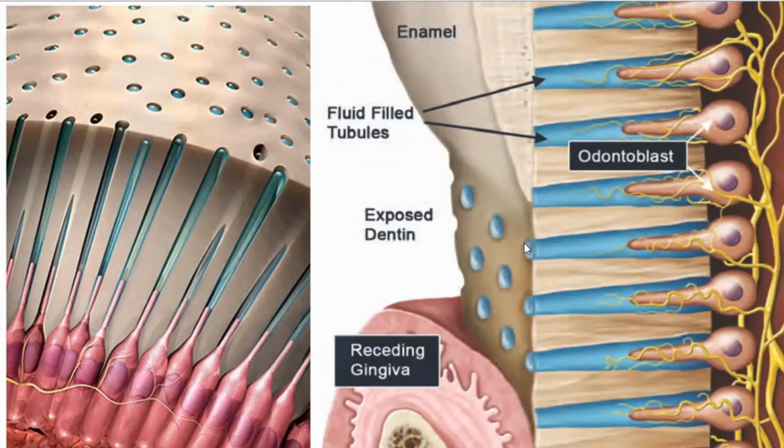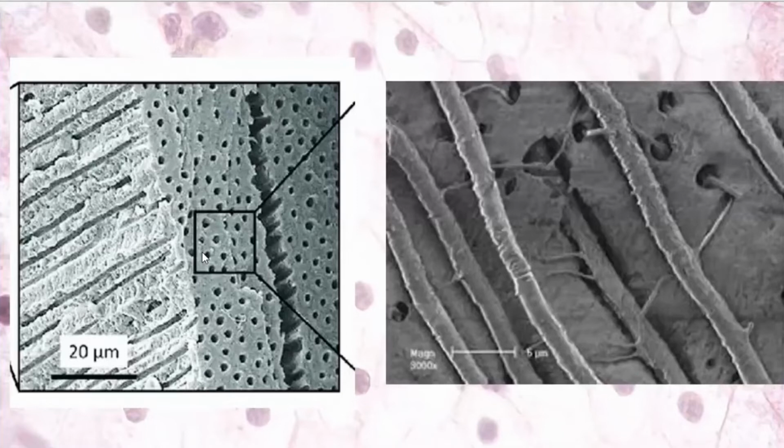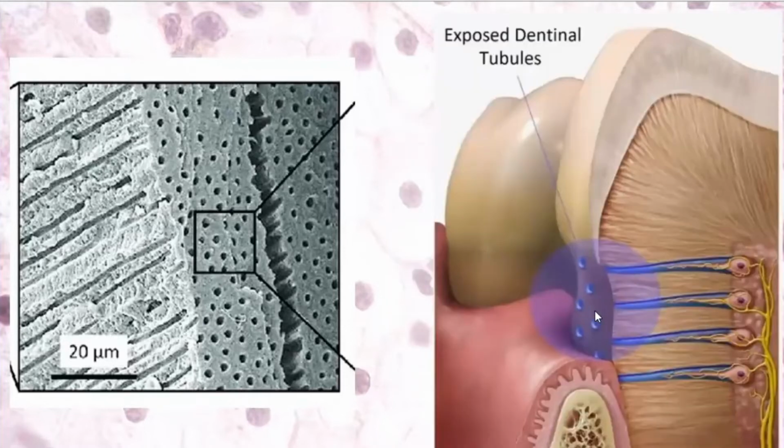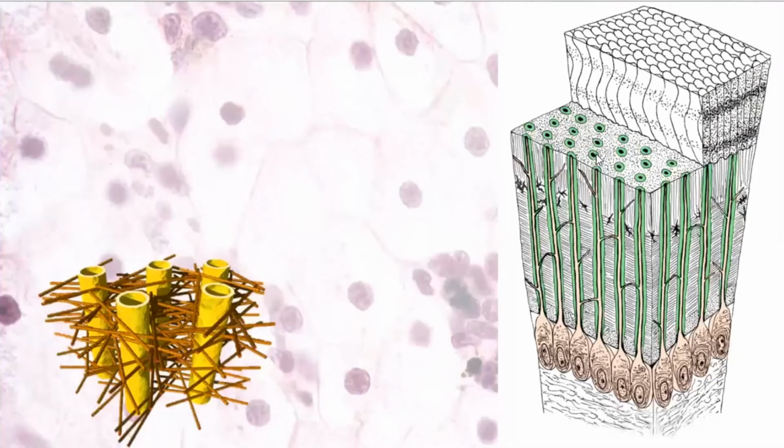And the sensitive function is provided by those dentine tubules because there are nerve endings and processes of odontoblasts. And here we can see those tubules of dentine and processes of odontoblasts are present there. And we can see exposed dentinal tubules in receding gingiva, for example, in parodontosis, or when enamel is broken.